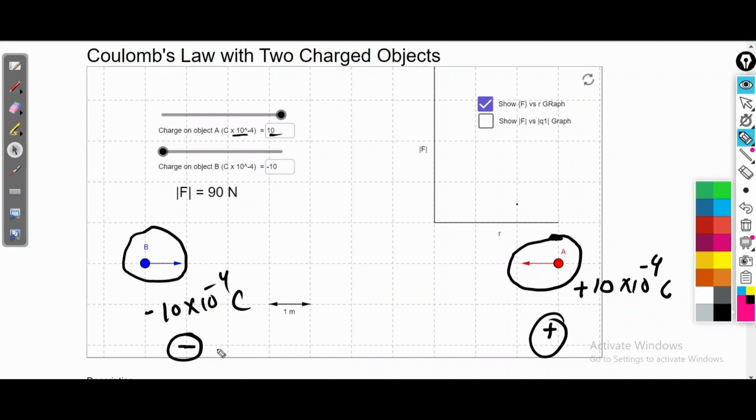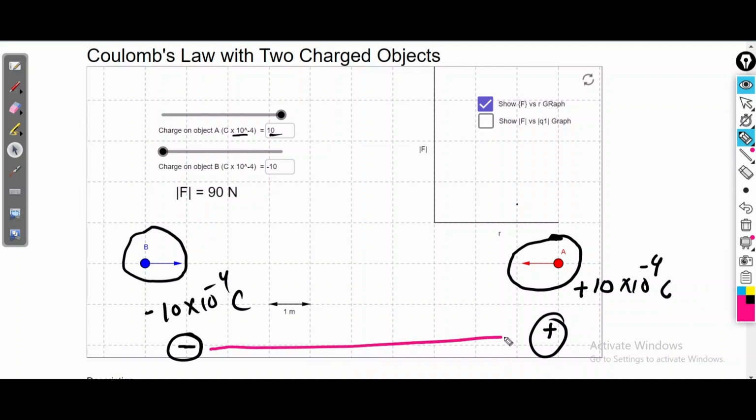In other words, the negative charge will exert a force on this positive charge, and similarly this positive charge will exert a force on this negative charge. So there is some force. In this case that force is attraction, so there is a force of attraction between these two unlike charges.